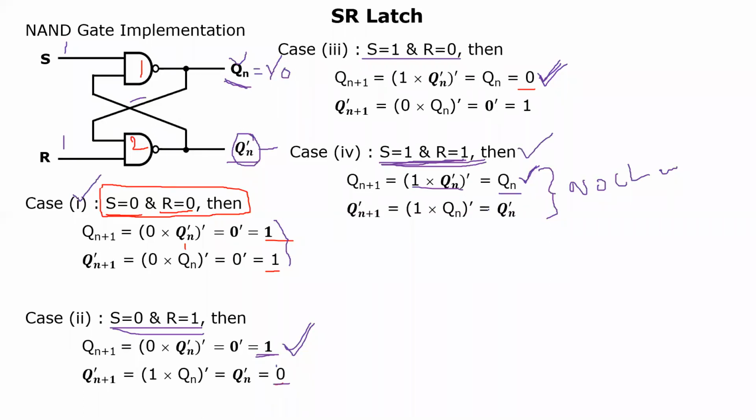There is no change here. The only problem arises when s equal to 0 and r equal to 0. This problem is also eliminated while constructing some kinds of flip-flops, because very often both inputs will be equal to 0.